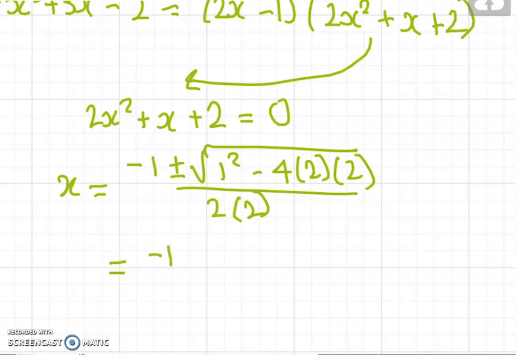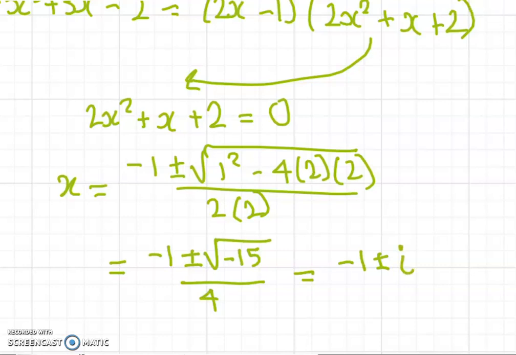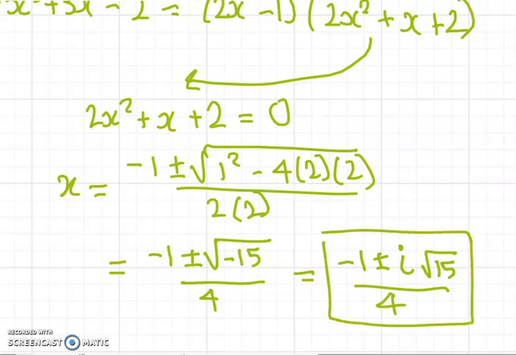This is equal to negative 1 plus or minus the square root of negative 15 divided by 4. Since we are taking the square root of negative 15, we have non-real or complex roots, which is i times the square root of 15, over 4. So these are the remaining two roots.